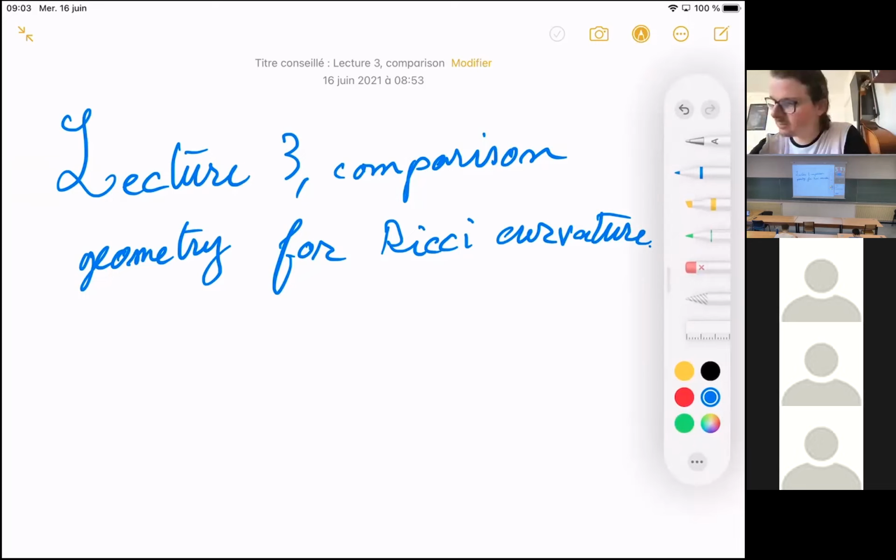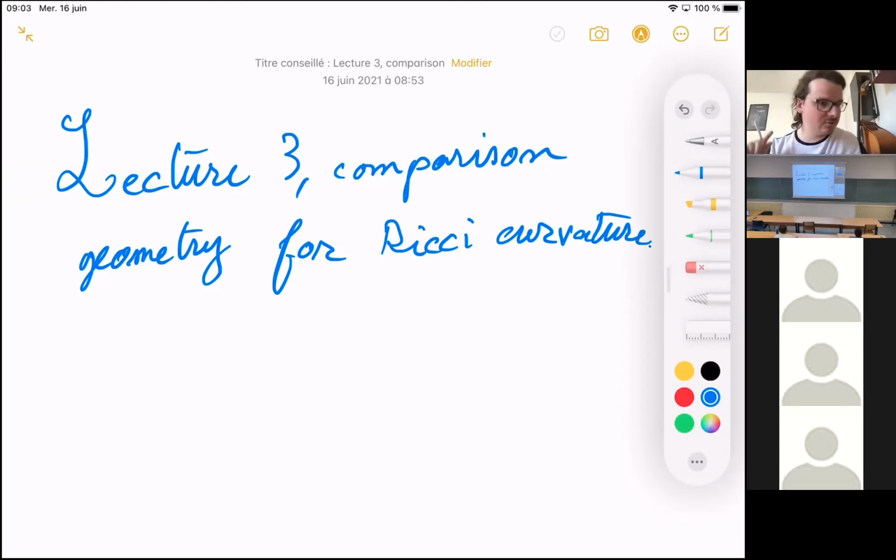There is a well-developed and rich theory for manifolds with non-negative sectional curvature, and the first steps are quite similar to what we did yesterday, though it goes in completely different directions afterwards.